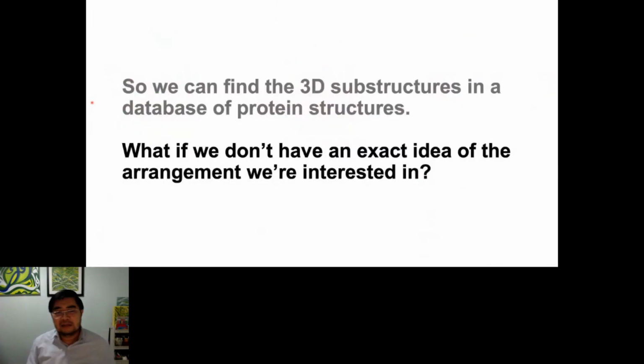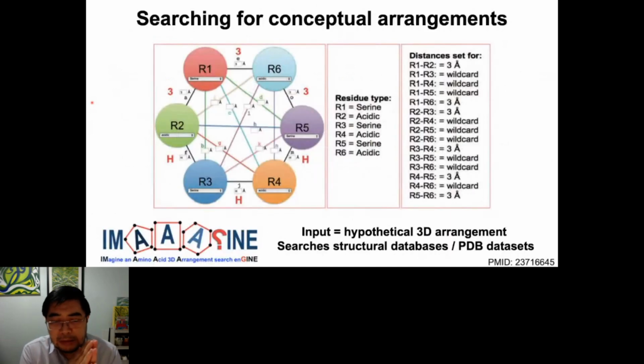But that's assuming that we know what it is that we're supposed to match. So we have an idea of what we're looking for, or we have a database of knowns to match against. What if we don't have an exact idea of the arrangement that we are interested in? For that, we came up with a more conceptual approach towards searching for these substructural similarities.